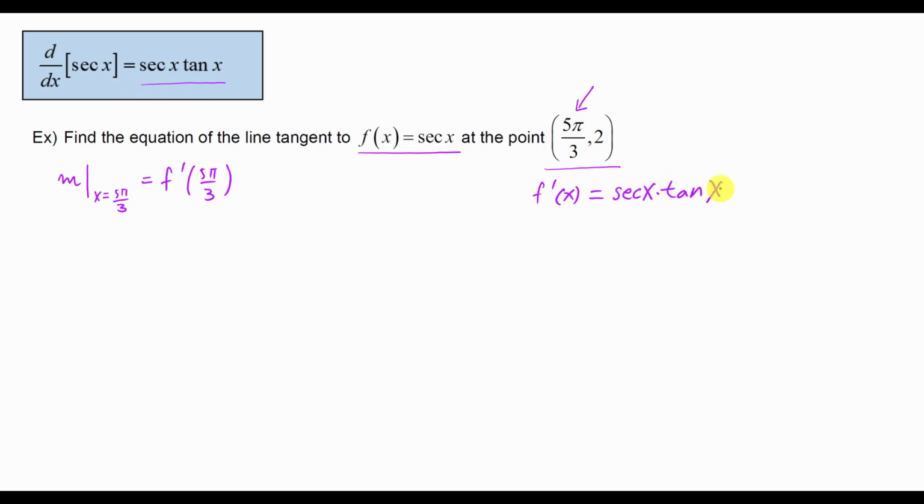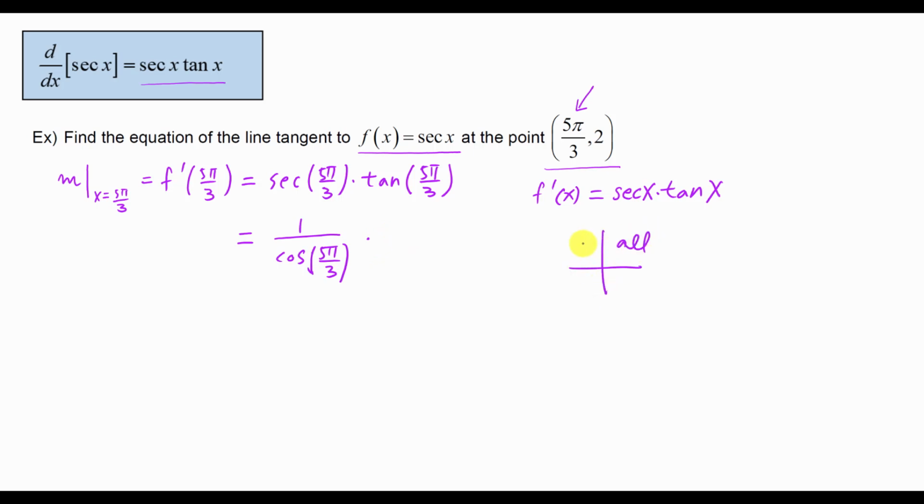So f prime of 5 pi over 3 will be equal to secant of 5 pi over 3 times tangent of 5 pi over 3, which is equal to, to find the secant of 5 pi over 3, I'd rather calculate 1 over cosine of 5 pi over 3. Now 5 pi over 3 is in quadrant 4, right?